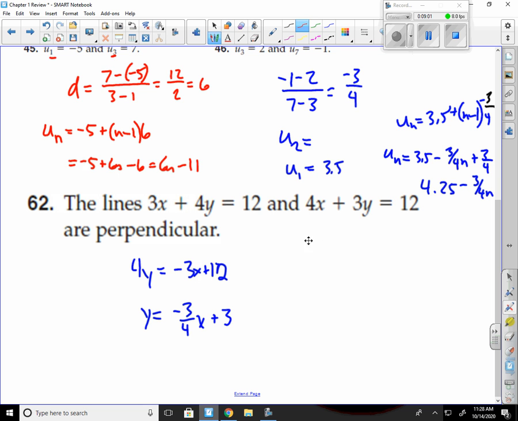Now I solve this one for y, subtract 4x, gives me 3y equals negative 4x plus 12. Divide by 3, y equals negative 4/3 x plus 12.